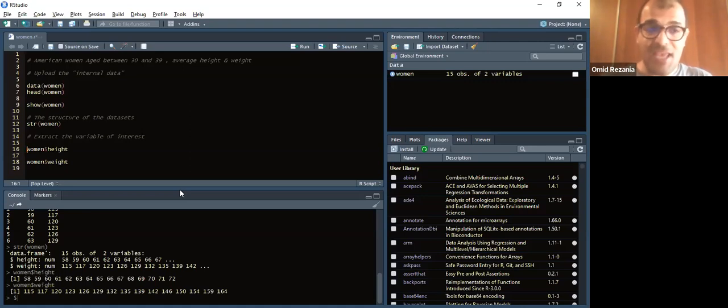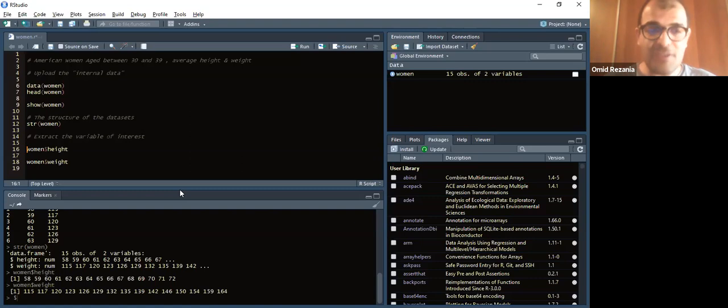If I call women's height "apple," then in future, when I go back to my code, I'll have a problem thinking, oh my God, the object I created as apple, what is that? Does it really mean apple, or is it women's height? That's why the name should be very specific.